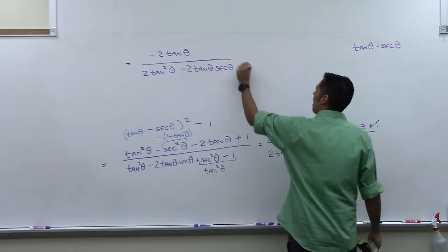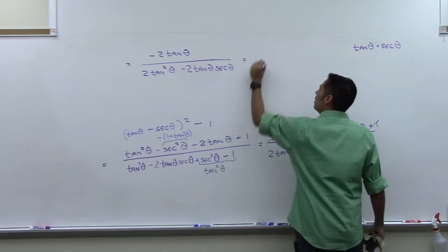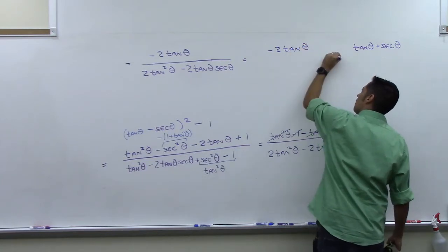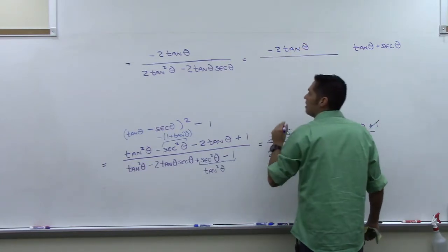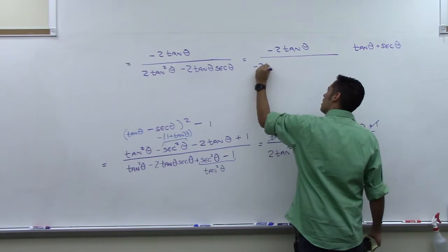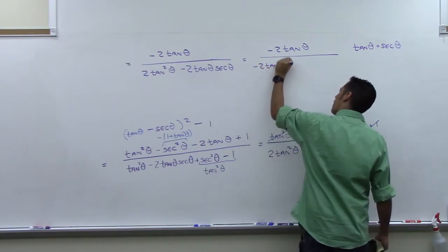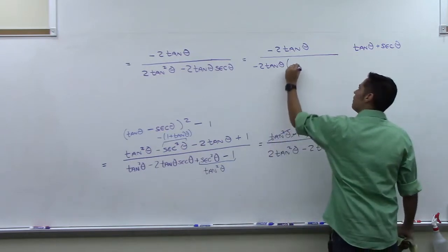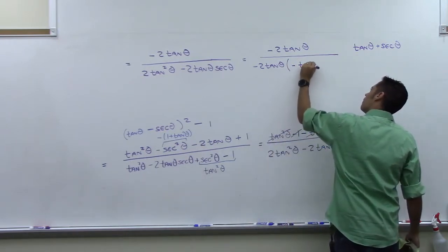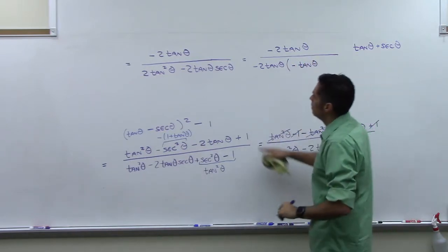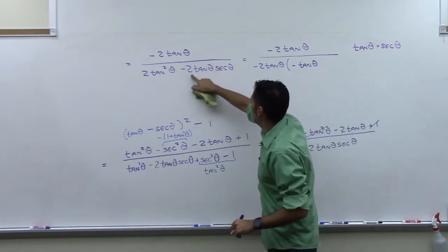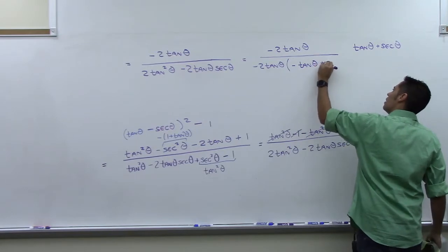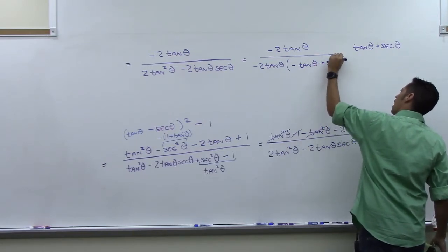I'm going to factor out now a -2 tangent theta on the bottom. So when I pull out a -2 tangent theta, I need a negative tangent theta here. And then I pulled the negative out already, and I pulled the 2 out in the tangent, so I should be left with plus secant theta, like that.